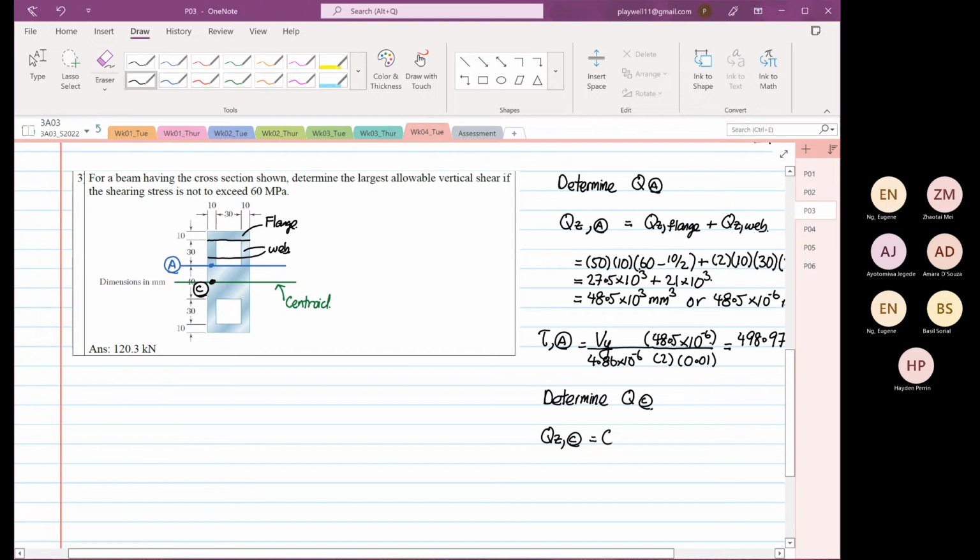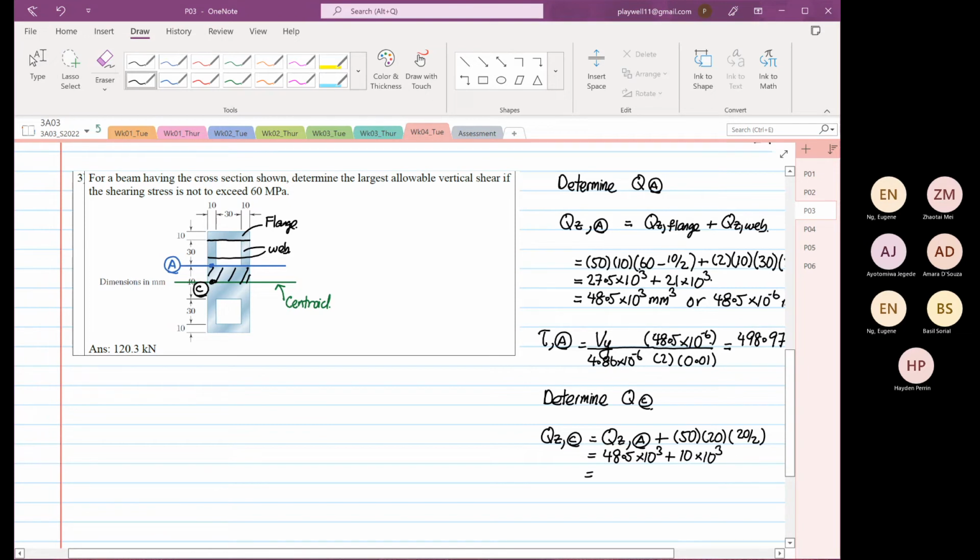You just need to do QZ at point A plus this area now, because we have not considered it the first time. So the width is still 50, the depth is 20, and the y bar is 20 divided by 2. So this will be equal to 48.5 times 10 to the power 3 plus 10 times 20 times 50, which is 10 times 10 to the power 3.